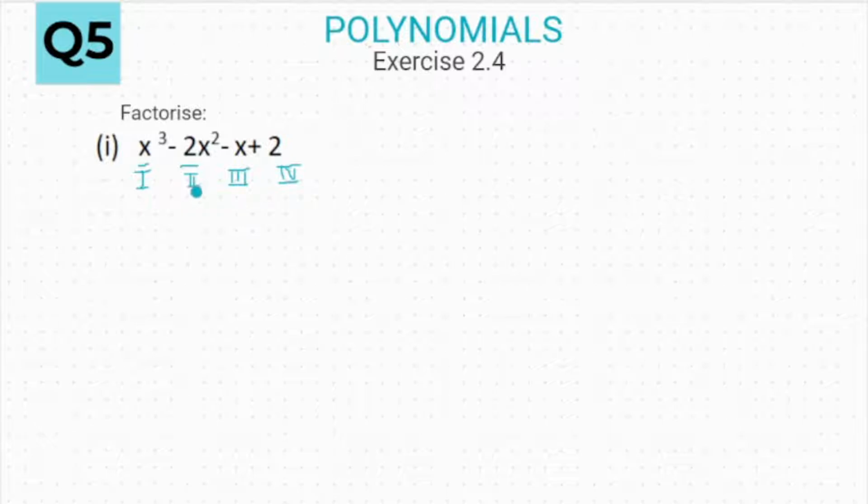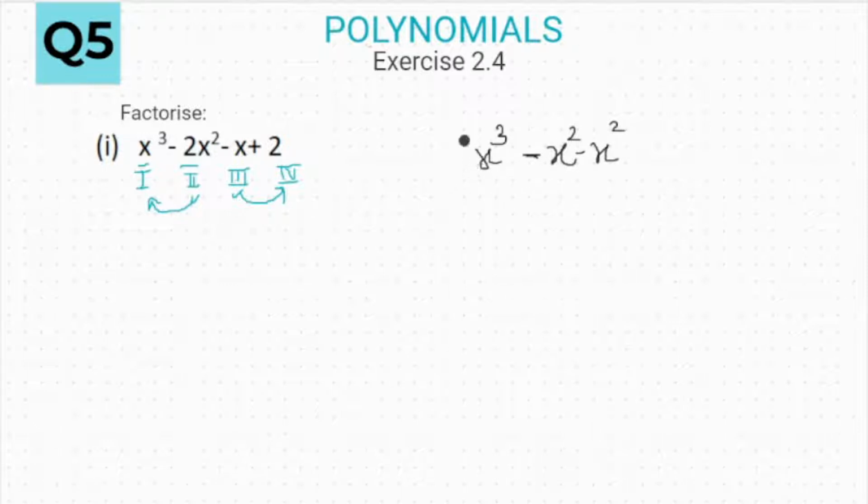We'll split the second and the third term according to the first term and the fourth term. Let's do that. First of all, we can see that the coefficient of the first term, x cube, is 1 here, right? Now we can write the second term in the form of the first term, like minus 2x square can be written as minus x square minus x square, one and the same thing. Why are we doing it?